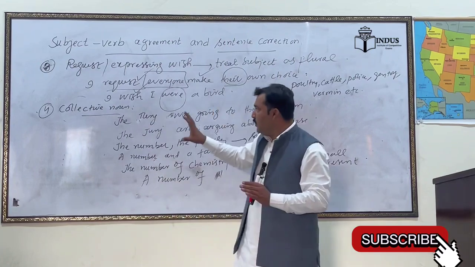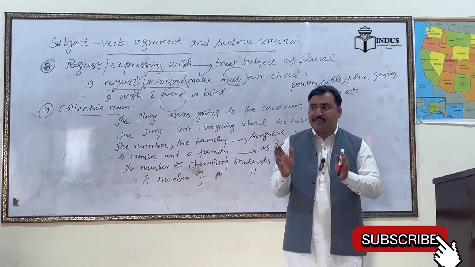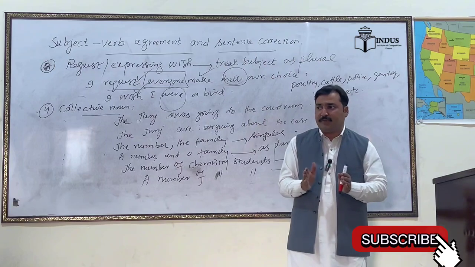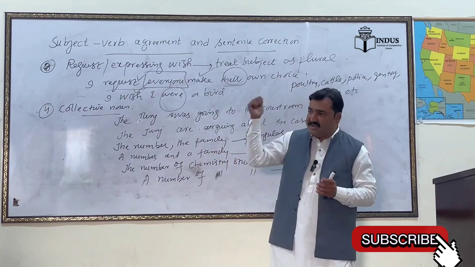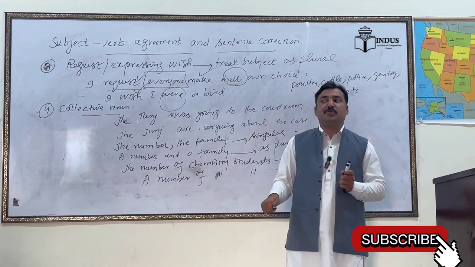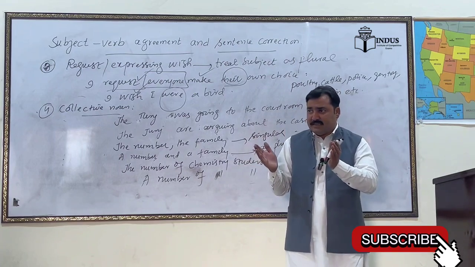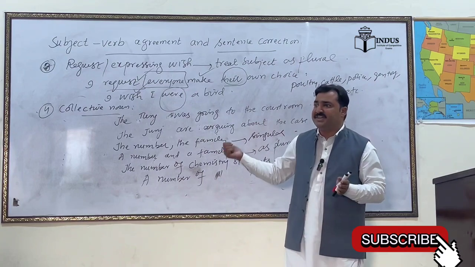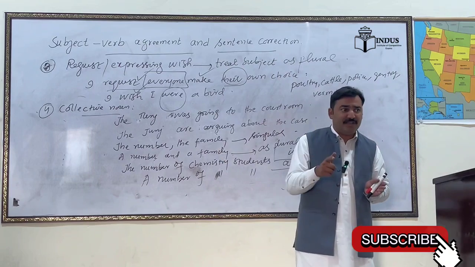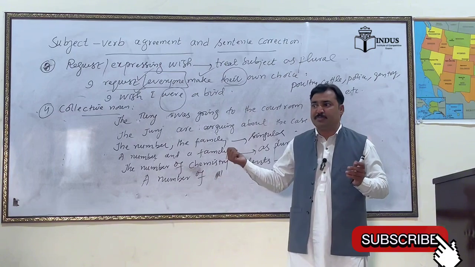So I have told you that in case of collective nouns, you can treat the same collective noun as singular or as plural depending on the context. If you are talking about the whole group, treat it as singular. If you are talking about individuals, treat them as plural.